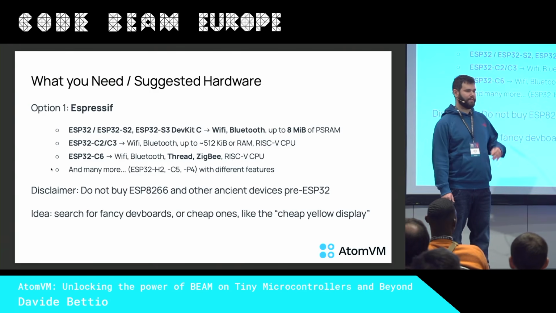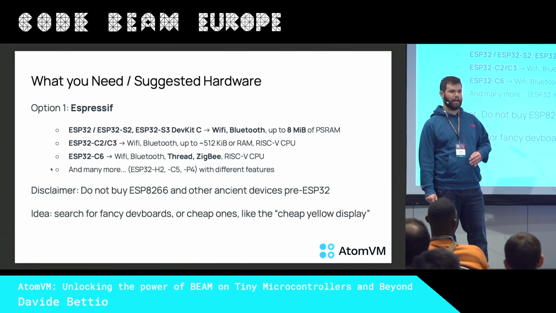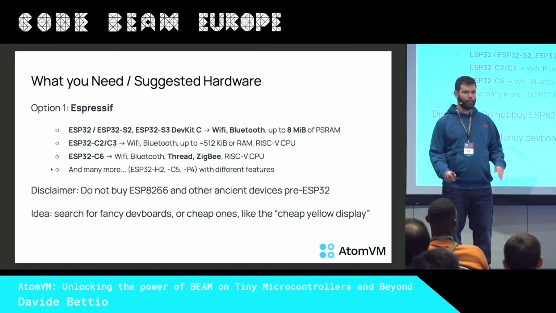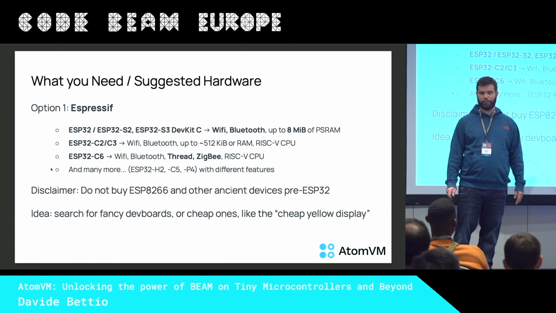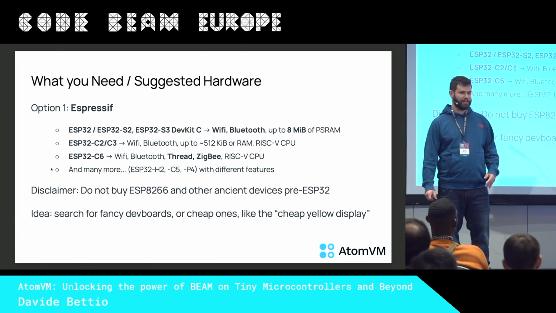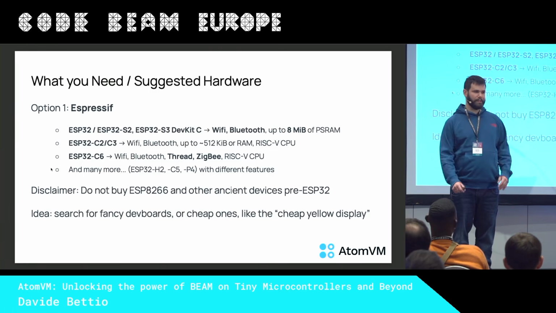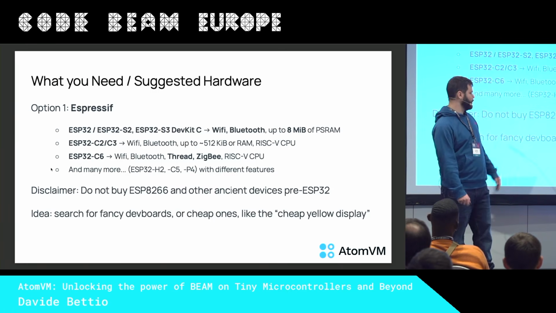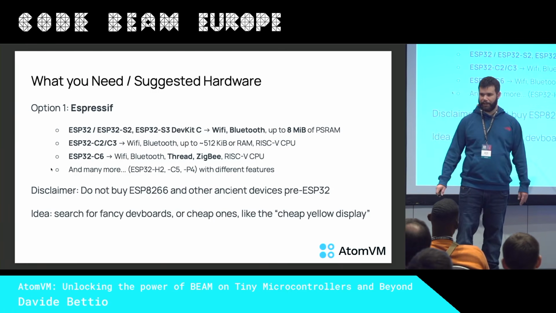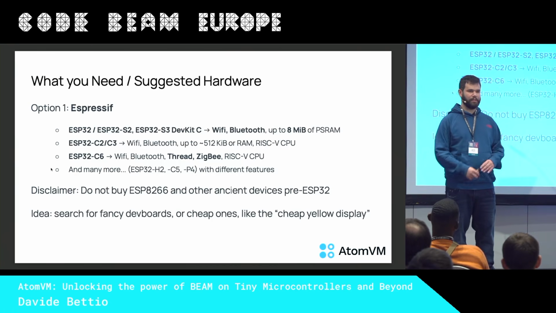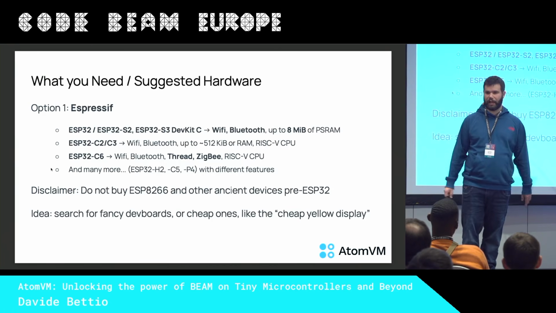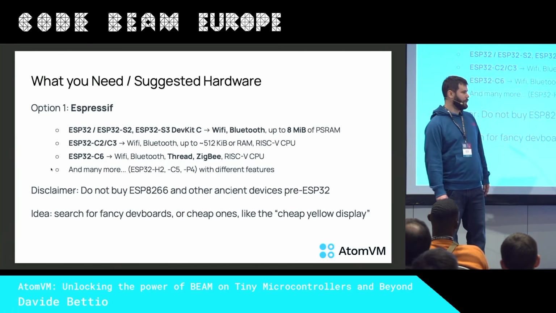Some of them have Zigbee, some don't, some have Wi-Fi. You can pick any according to your taste. There are also ready-to-use development boards, like the Cheap Yellow Display that has been popular lately, which has a display and some kind of touch screen. So it can be very cool.